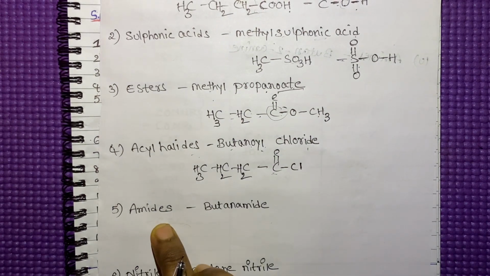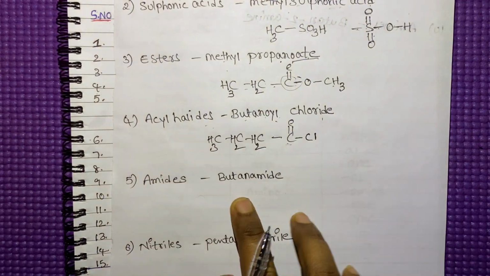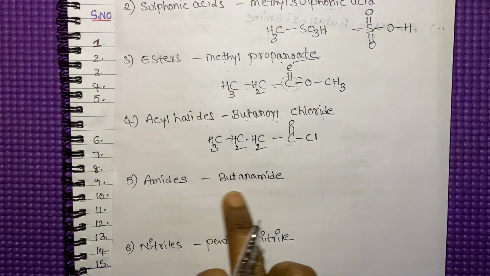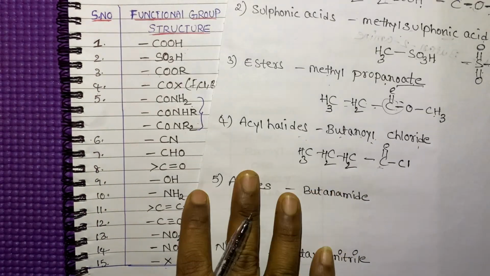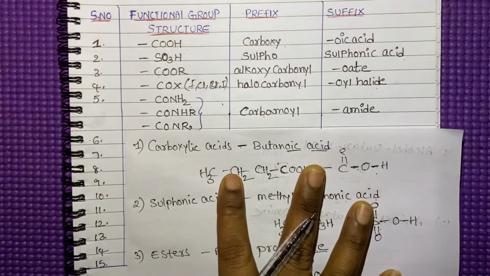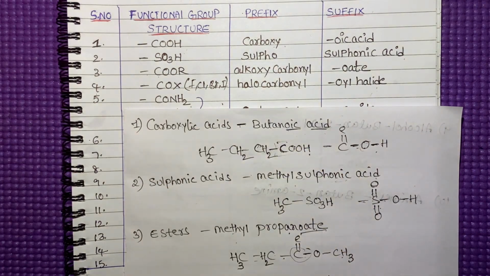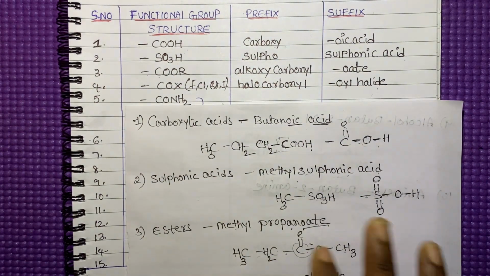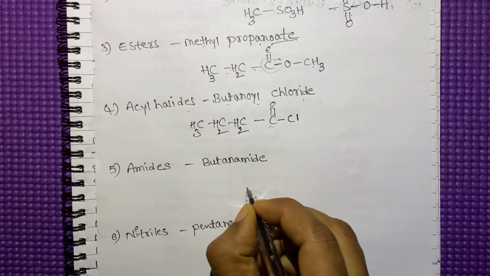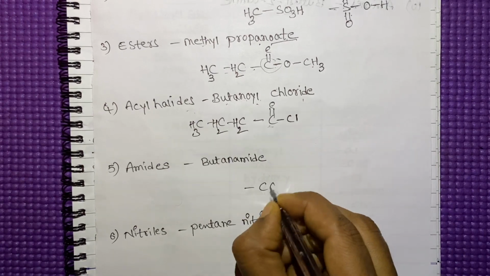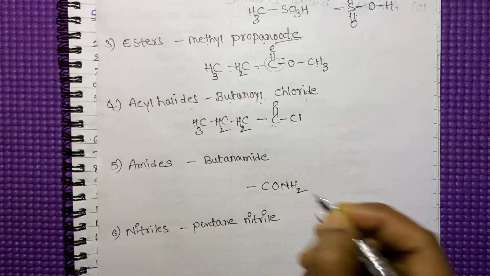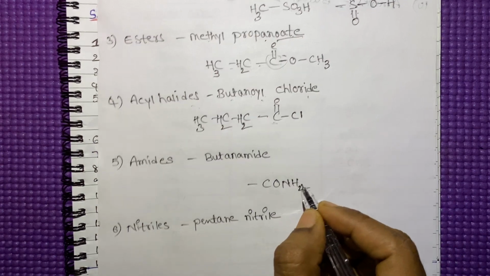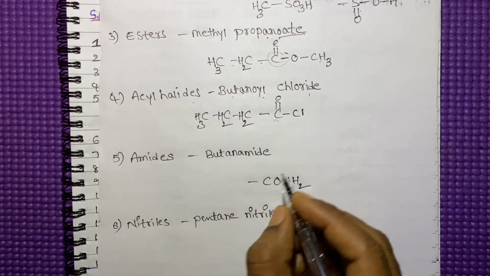Now we'll see amides. Butanamide. Here I take the example for the amides. Now we'll see the structure of the amide group. CONH2. Now you write the structure, CONH2. This one we can write in another way also. We'll discuss that.